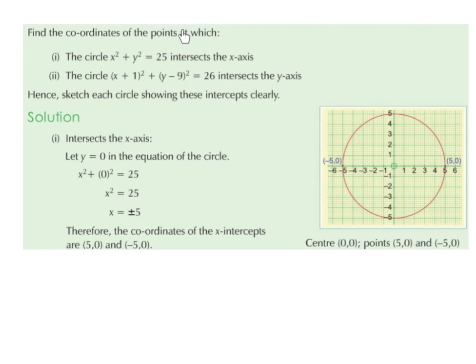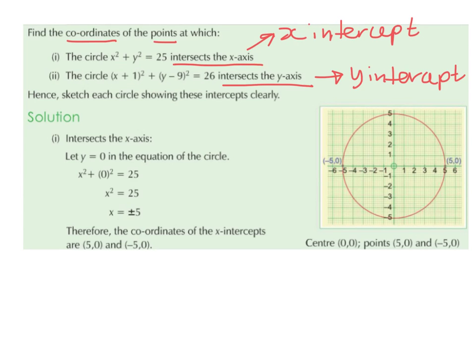Find the coordinates of the points at which the circle x squared plus y squared is equal to 25 intersects the x-axis. So basically find the x-intercept. To do this, we let y equal 0. Part 2: the circle (x plus 1) squared plus (y minus 9) squared is equal to 26 intersects the y-axis.